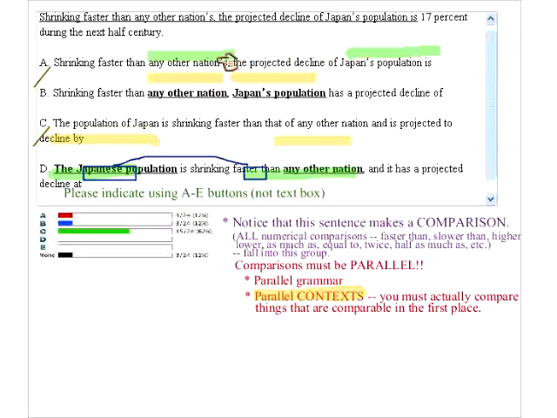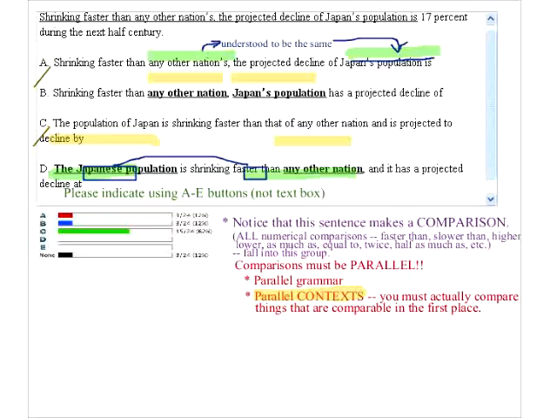If you have Japan's population and any other nations, that much is okay because it's understood to be population, understood to be the same as what's in the other part. So this is not the correct answer, but this is not a mistake. And it's okay to say that it's Japan's population by just saying any other nations, apostrophe.